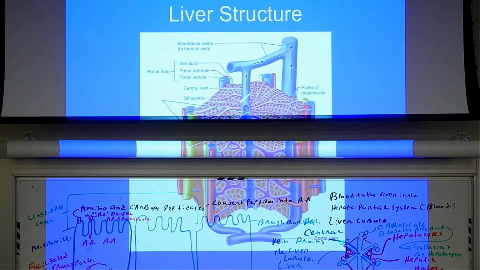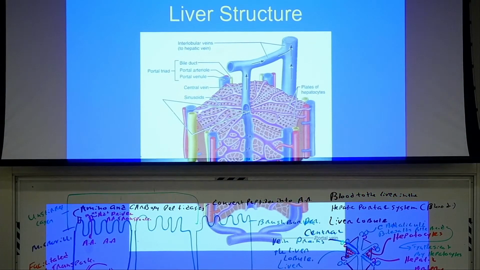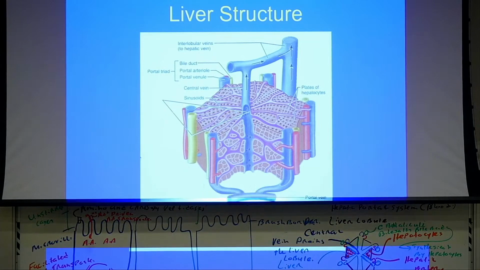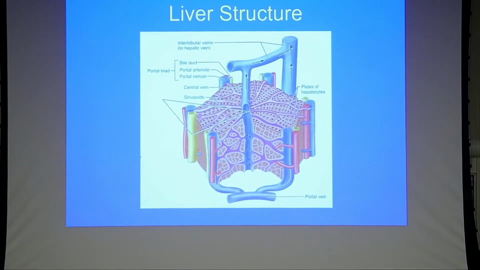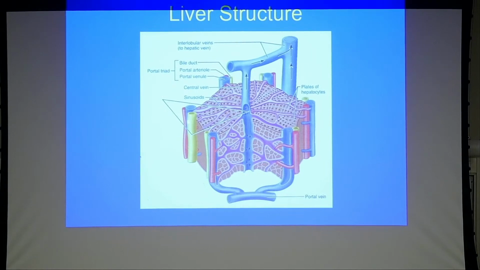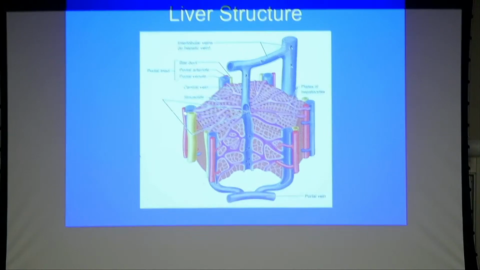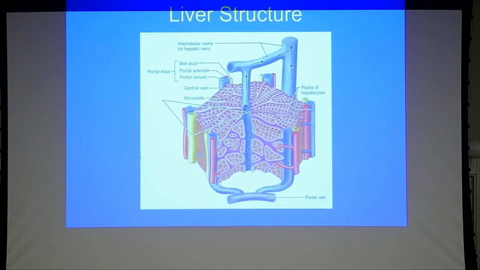You'll notice that at each one of the 6 vertices, there are these 3 tubes. One tube is an extension of the hepatic portal system, one tube is an extension of the hepatic artery, and the 3rd tube is an extension of the bile system. The blood is delivered from both the hepatic artery and the hepatic portal system into these lavender or purple structures called the sinusoids.